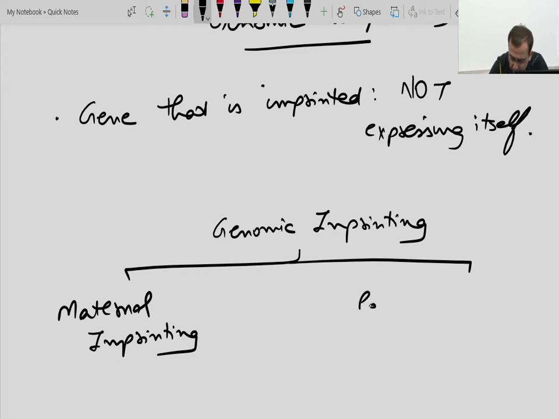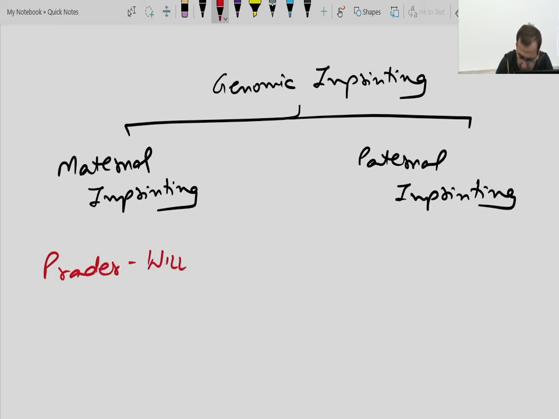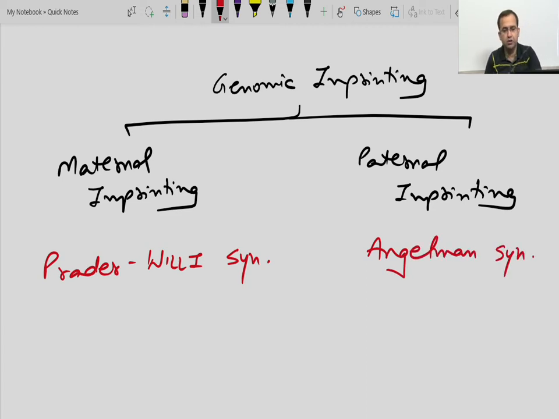The disease associated with maternal imprinting is Prader-Willi syndrome, whereas the one with paternal imprinting is Angelman syndrome. Easy to remember. P and P do not go together. So maternal imprinting Prader-Willi, paternal imprinting Angelman.